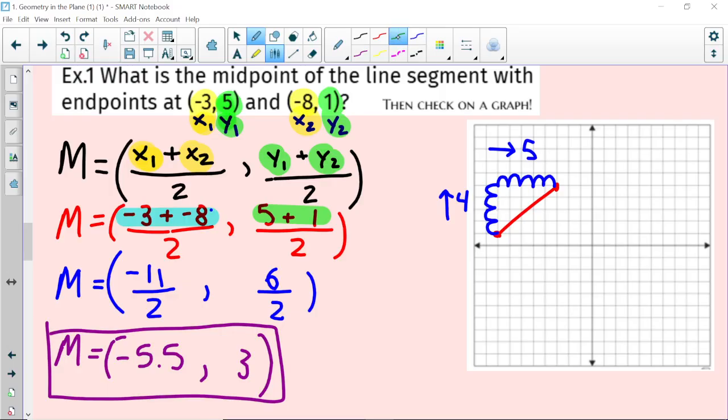So we want to go up 2. Instead of going to the right 5, what is half of that? 2.5. So we can go over 1, 2, and a half. And we should end up on our line segment.